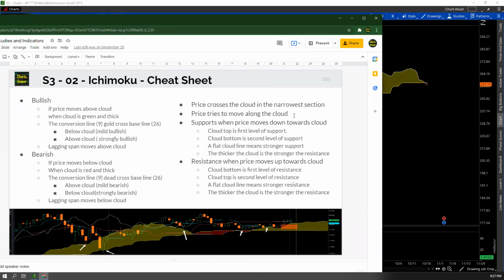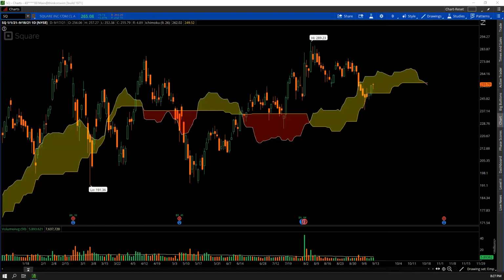Okay, and what are the different support levels when it comes to the cloud? So when the stock starts falling down, let's take an example of price moving along the cloud.